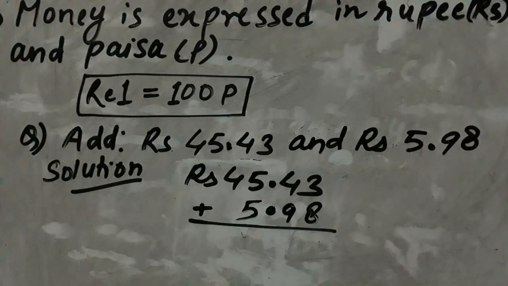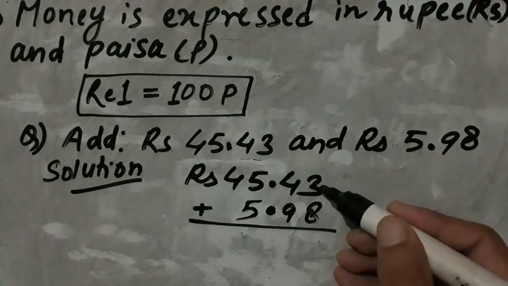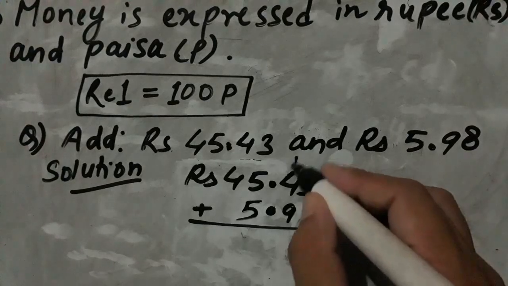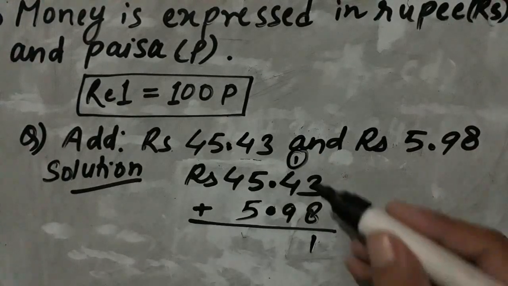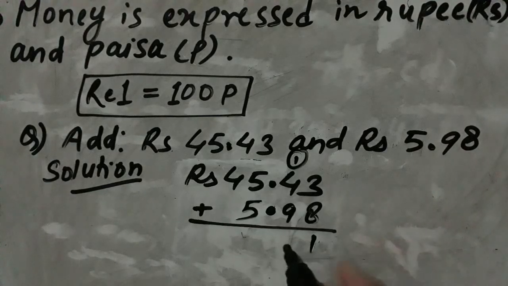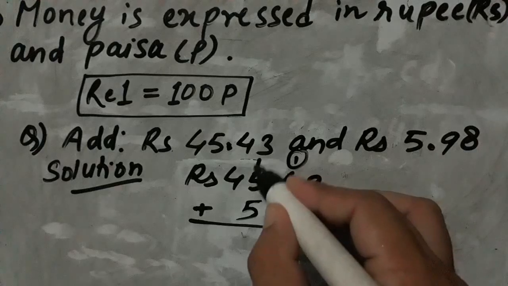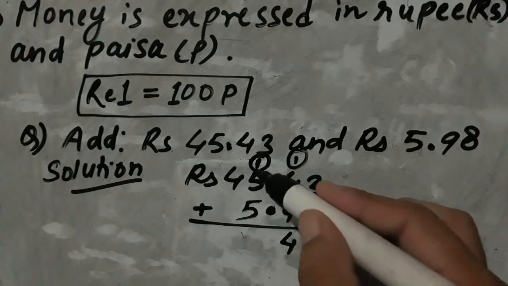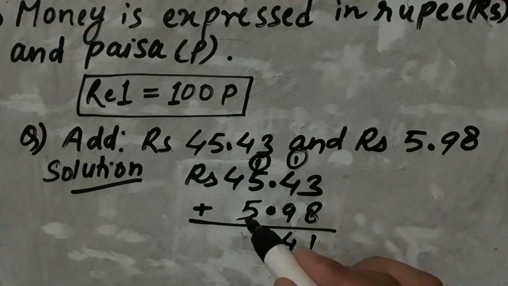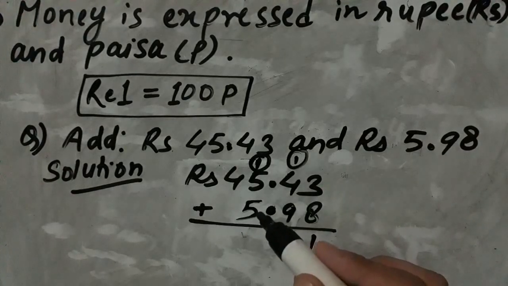So let's add. So students, 3 plus 8 is 11. 1 will be carry over. So 1 plus 4 is 5. 5 plus 9 is 14. 1 will be carry over. So once again 1 plus 4, 5, is 6. 6 plus 5 is 11.